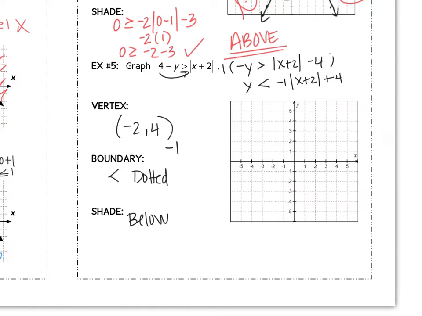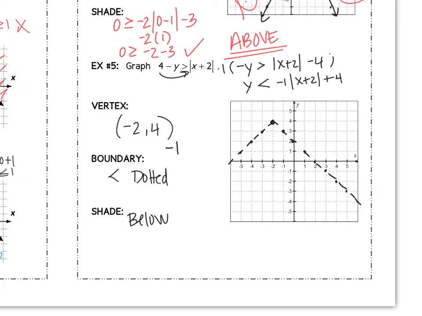I'm going to start at negative 2, 4 and go down 1 over 1, so the standard absolute value graph. And then, wow, this one's a big one, it is a dashed line, so this is dotted here.